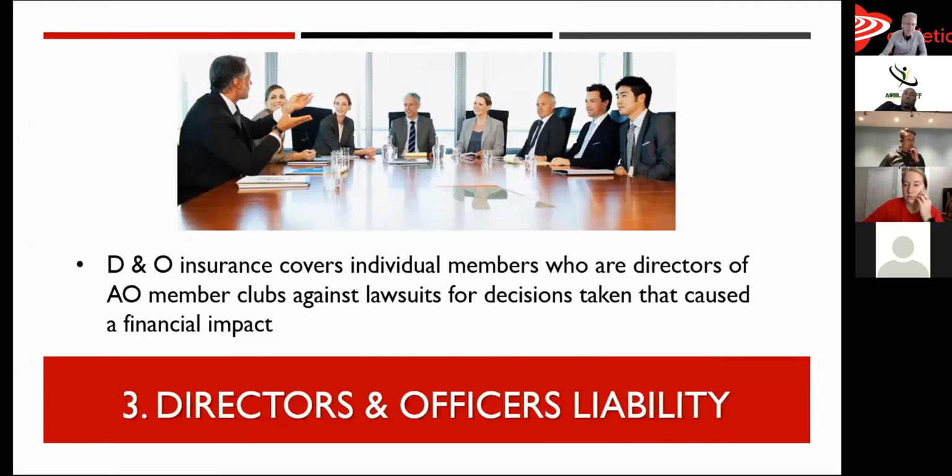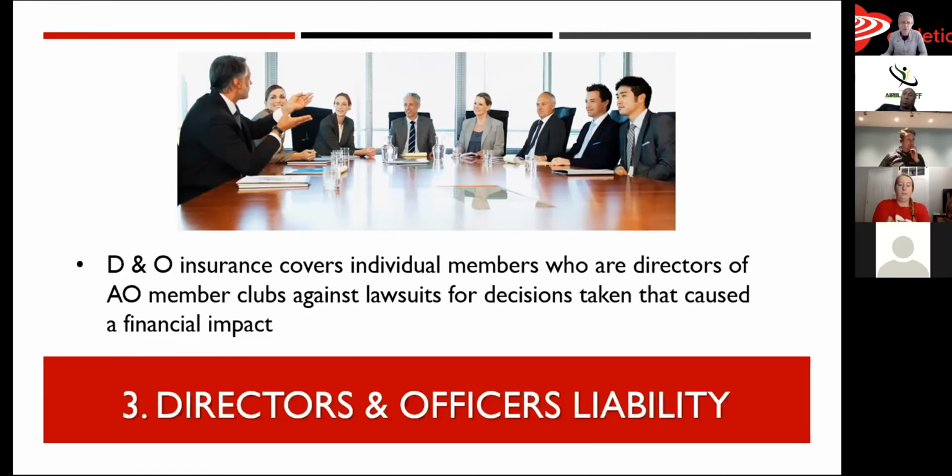So that's why you hear a lot about director and officer liability insurance for board members: anything that happens from a financial decision-making perspective, the directors and officers can be covered in case of a lawsuit that would name them directly as an officer of the organization.